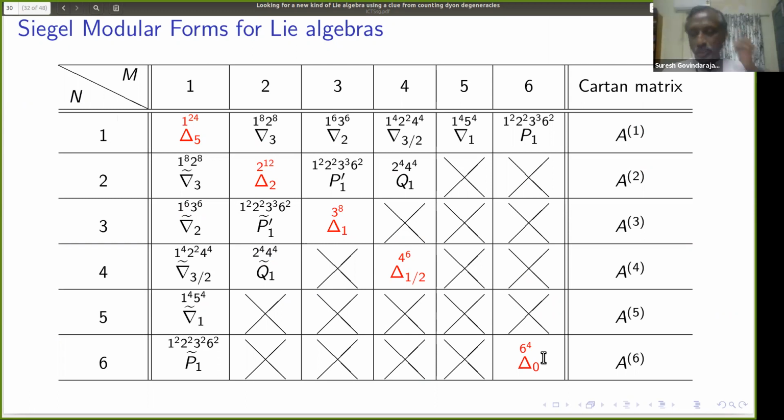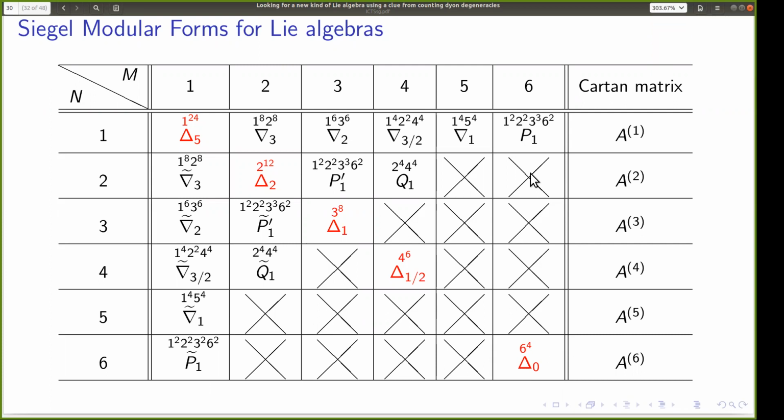No. All except for this one, all the others I know as twisted twining. All the other red ones have a twisted twining interpretation except for this last one.